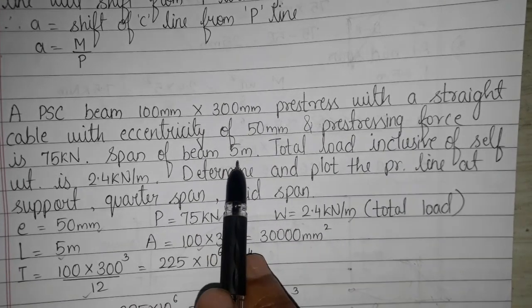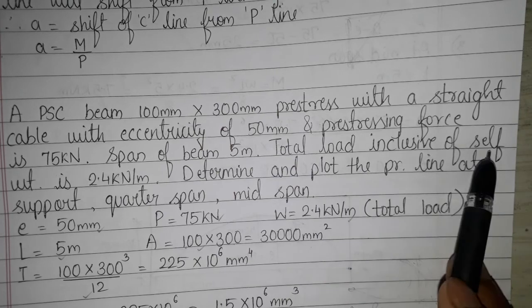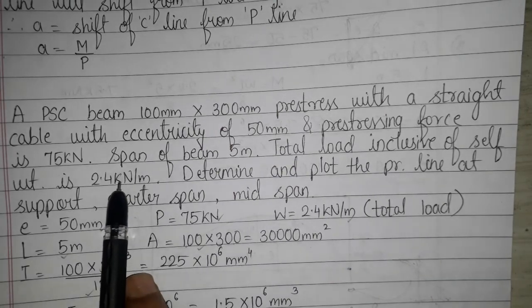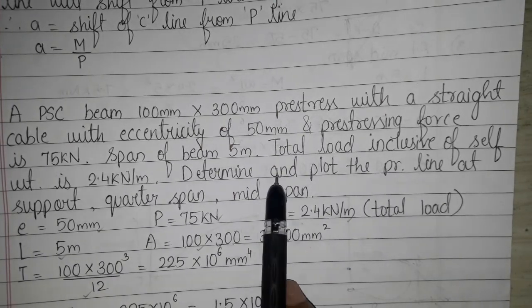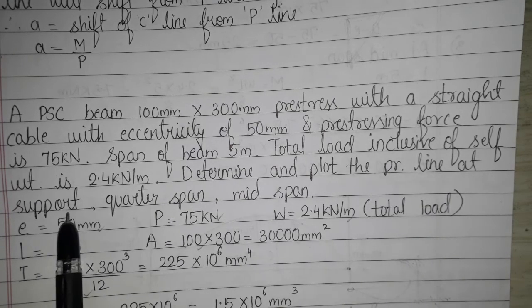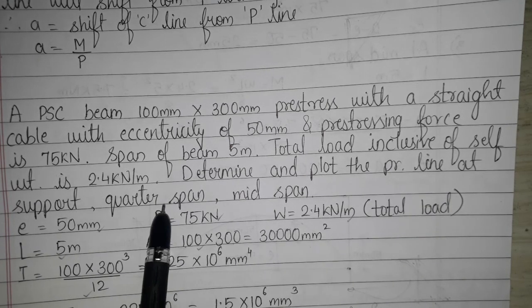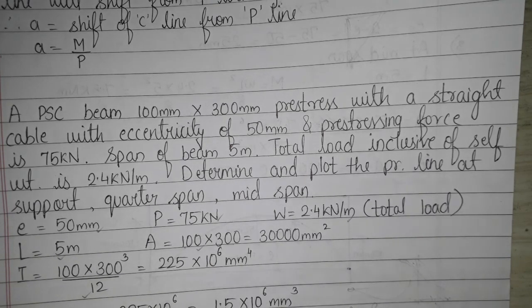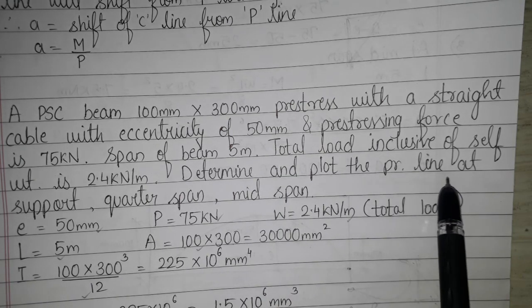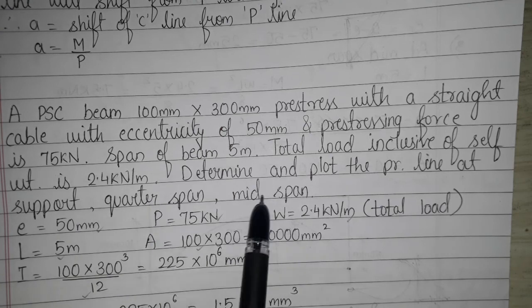The span of the beam is 5 meter. Total load inclusive of self weight is 2.4 kilonewton per meter. Determine and plot the pressure line at support, quarter span and mid span.